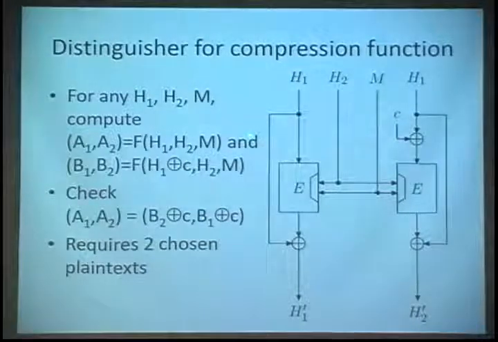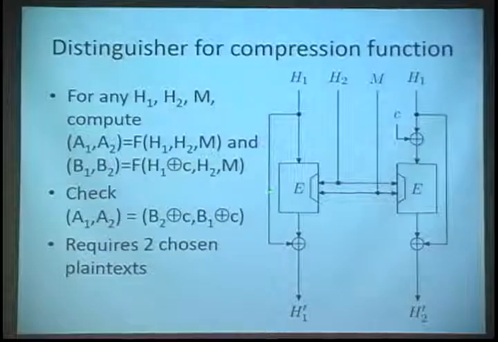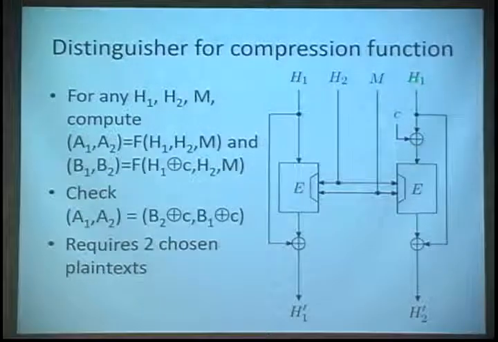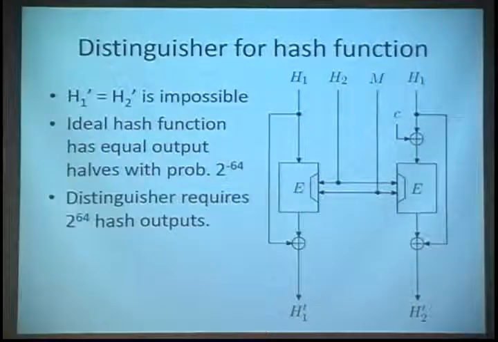If you take a computation, the left half and the right half are almost identical, the only difference being the XOR with C. So if you take a computation and then redo the computation with H1 replaced by H1 XOR C, then this left half becomes the same as the right half of the first one, with a little correction of XOR C at the end. And you get a trivial distinguisher using two chosen inputs that distinguishes this from a random permutation, random mapping.